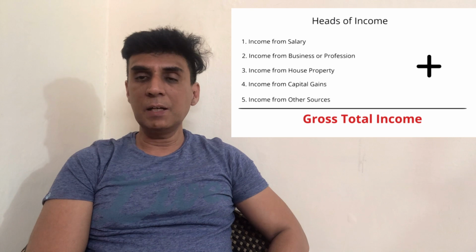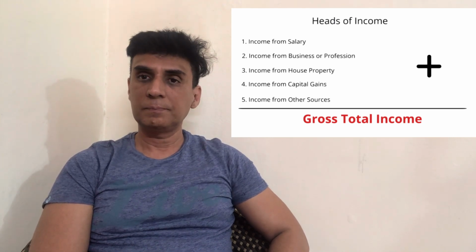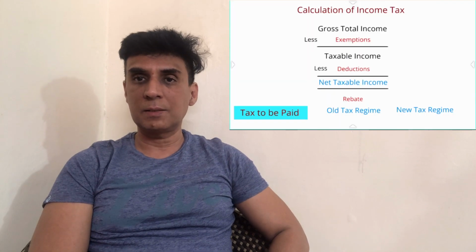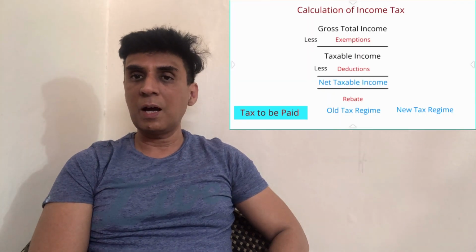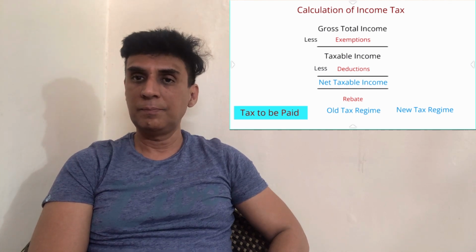So friends, to sum up, your income from various sources is clubbed into 5 different categories. The income under these 5 heads is added to get gross total income. But there are certain incomes which are exempt from tax. These exemptions are removed from gross total income to get taxable income.